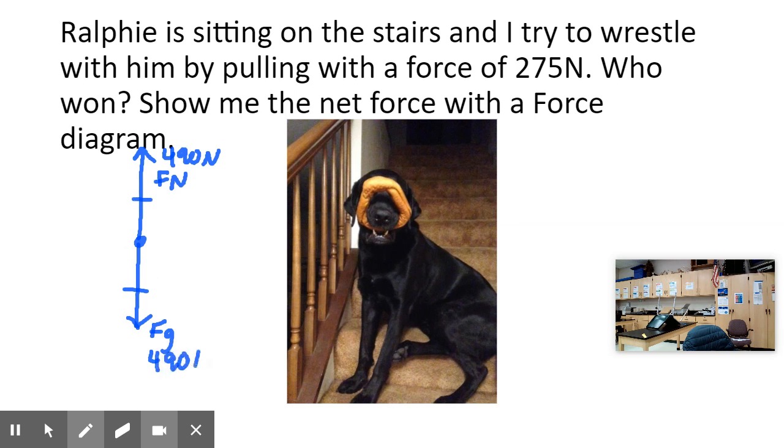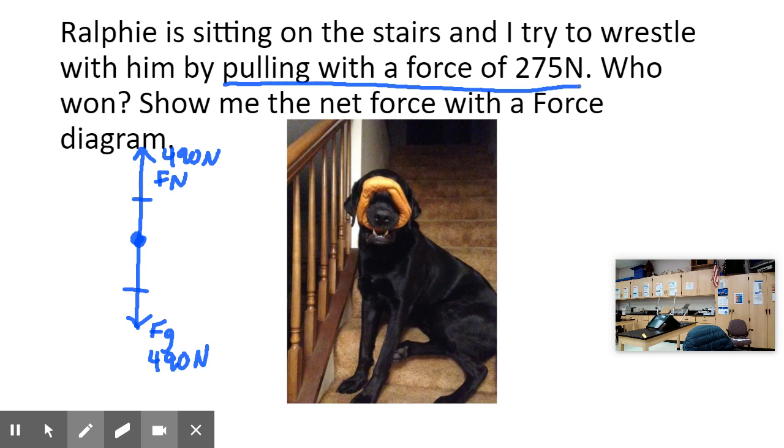It was 490, right? Okay. So we've got Ralphie, but now we have a couple of different things. It's a pull with 275 newtons. Depending on which way you see the pull, I didn't specify right or left, I'm going to say 275.